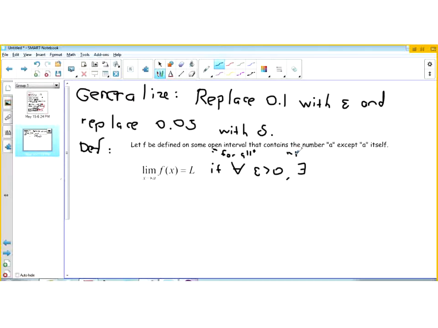Okay, so the backwards E is another math symbol, which means there exists.